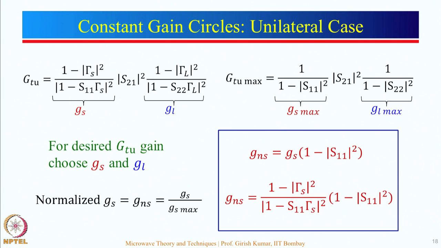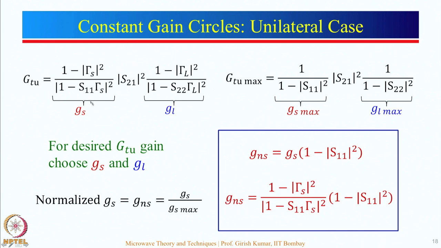So, for the desired GTU gain, we choose the values of GS and GL. Why do we choose them separately? Because this represents the input side and this represents the output side, so we can design impedance matching networks for the input side and the output side separately.